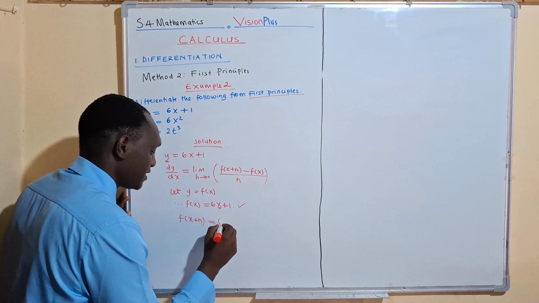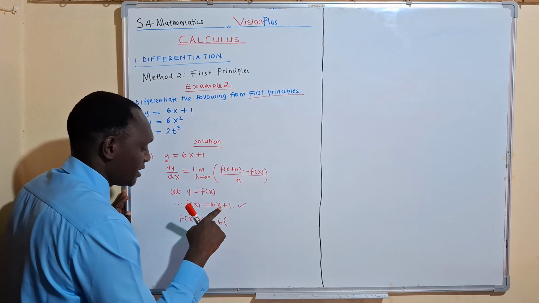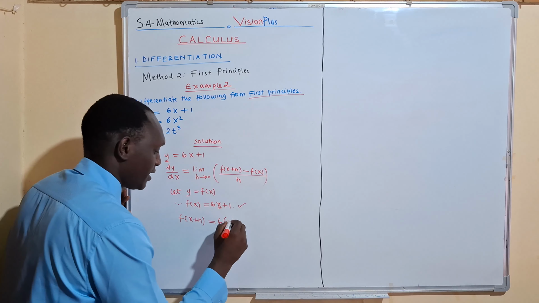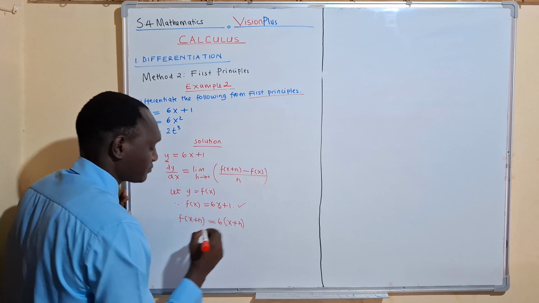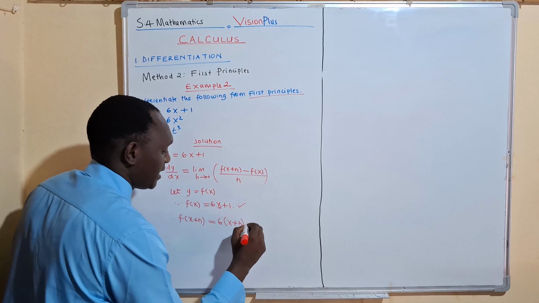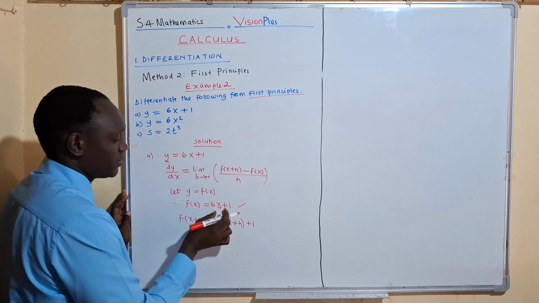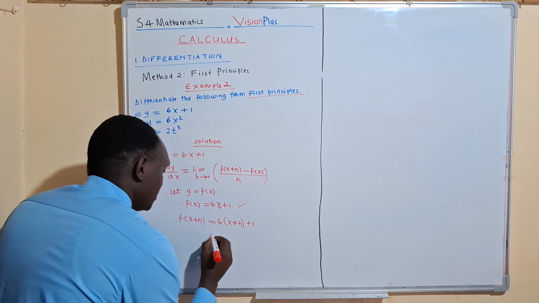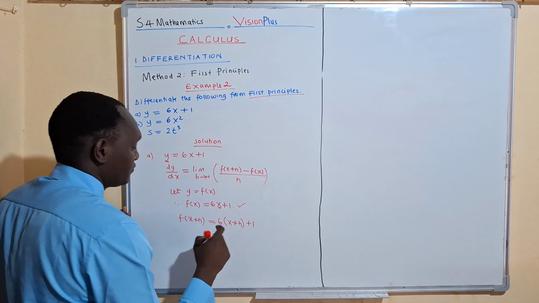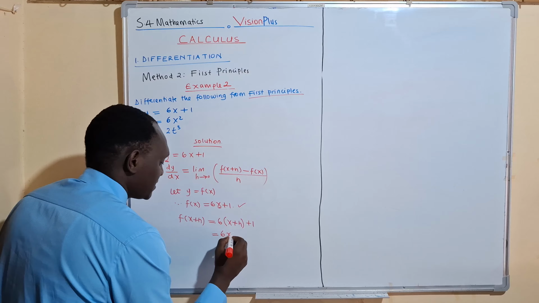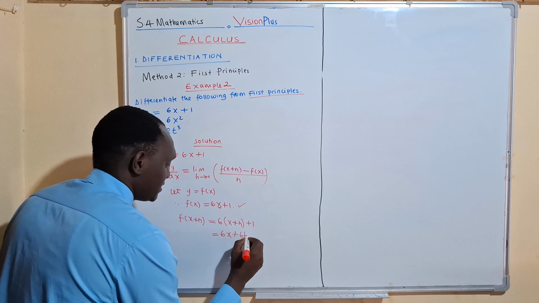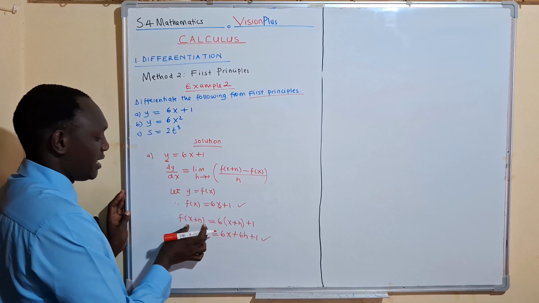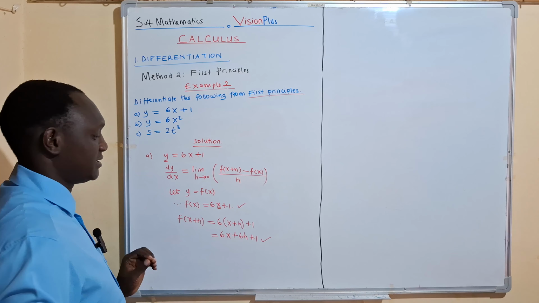That means we shall have 6 into, instead of writing this x here, we shall write x plus h, and then we proceed there plus 1. Because we simply substitute for where x is. And then from here, we open the brackets, giving us here 6x plus 6h plus 1.